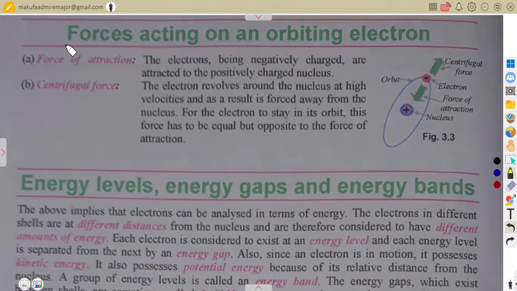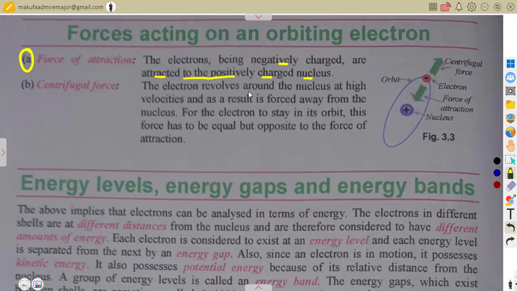Then we also need to understand the forces acting on an orbiting electron. We've got the force of attraction: the electrons, being negatively charged, are attracted to the positively charged nucleus. And we've got the centrifugal force.